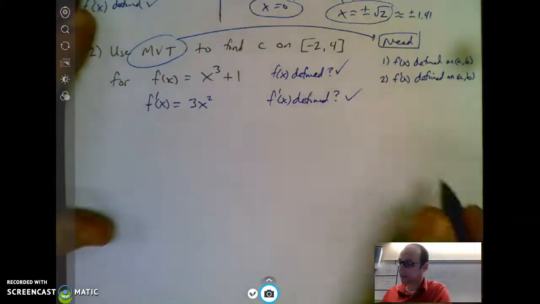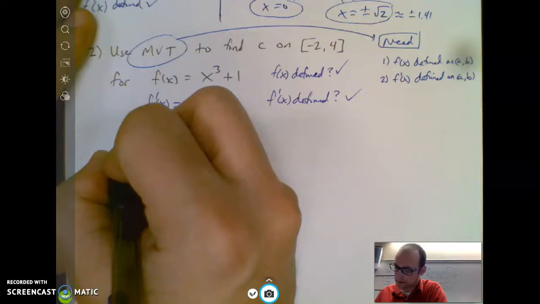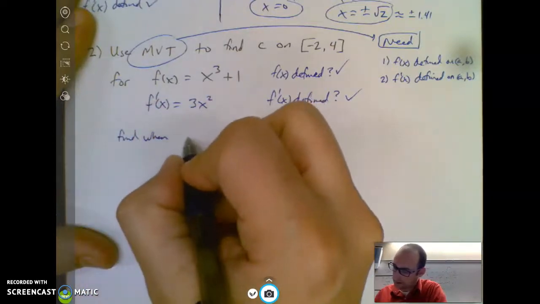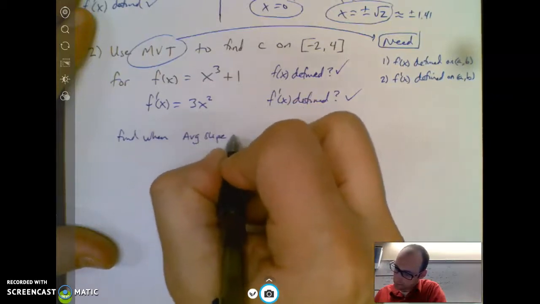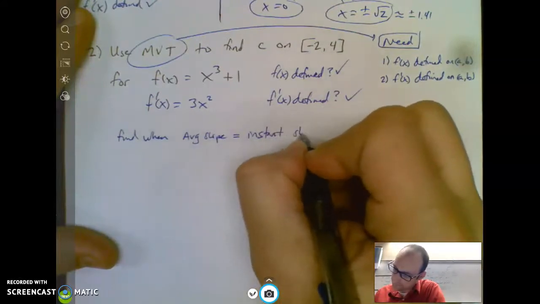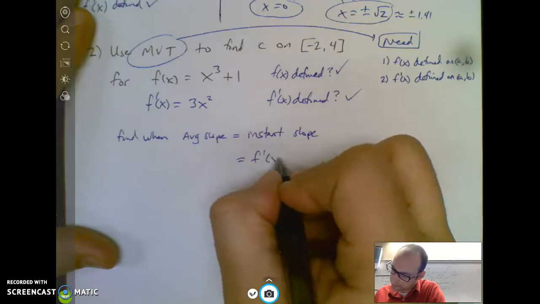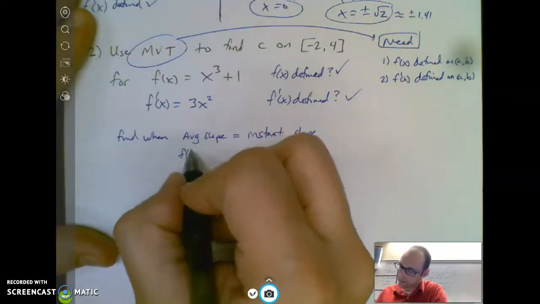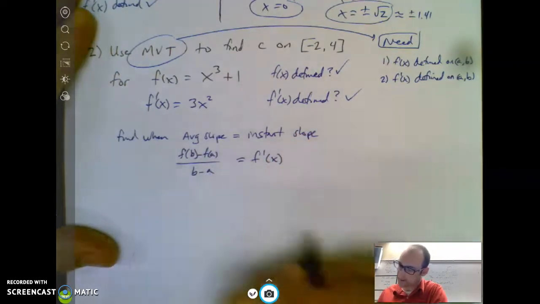Now that it passes both tests, you want to find all values of c when the average slope equals the instantaneous slope. The instantaneous slope is f prime of x. And the average slope is f of b minus f of a over b minus a.